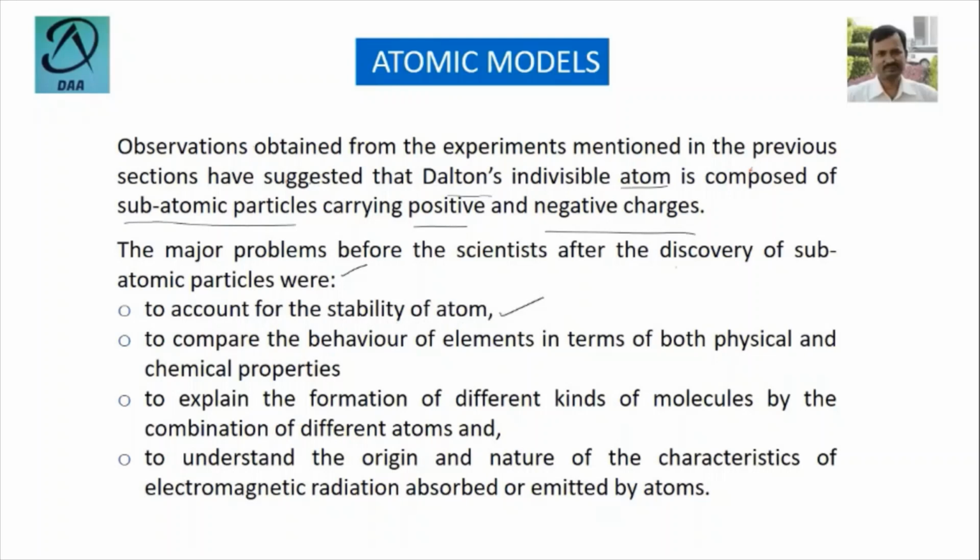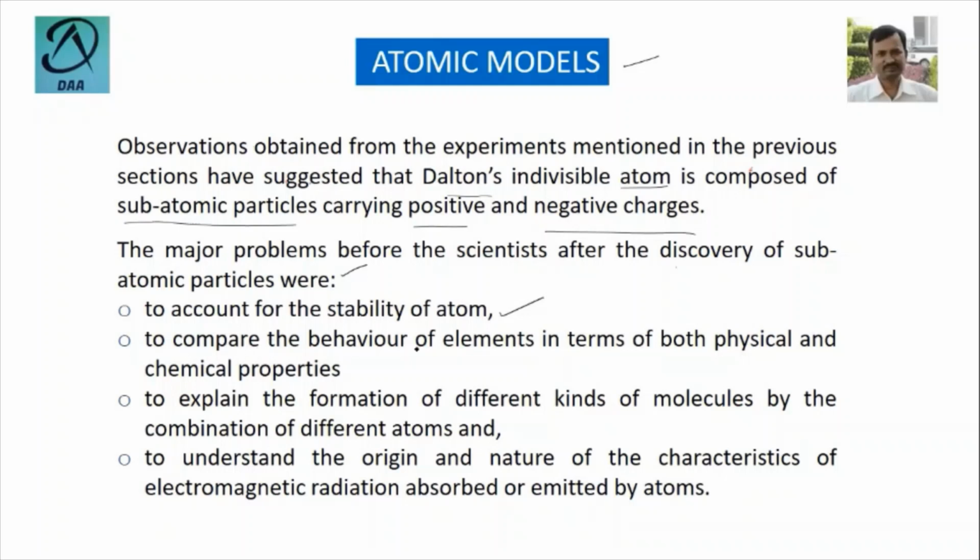Because if electron and proton have opposite charges, electron negative and proton positive, and they are together, then the atom will collapse. So the atomic model we design must have the electron, proton and neutron with separate existence. So we have to account for atom stability when considering atomic models.